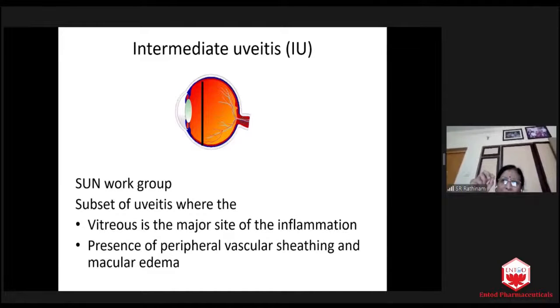And if we pluck one eyelash and put it under the oil immersion microscope, we can beautifully demonstrate Demodex.